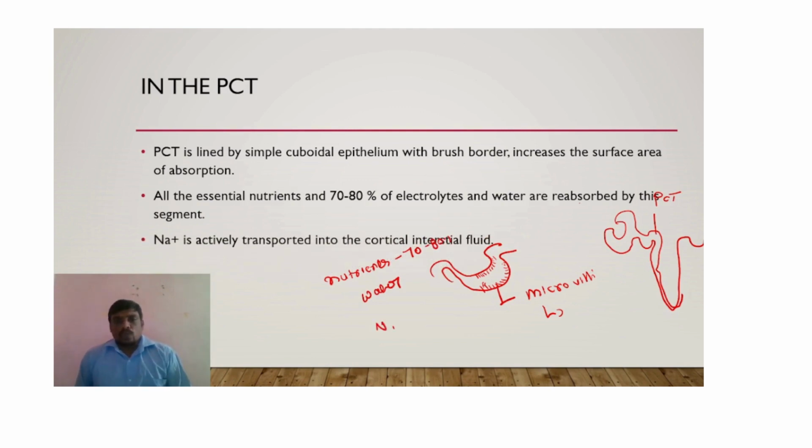Sodium is actively transported into the cortical interstitial fluid. The positive charge movement causes passive transport of chlorine.